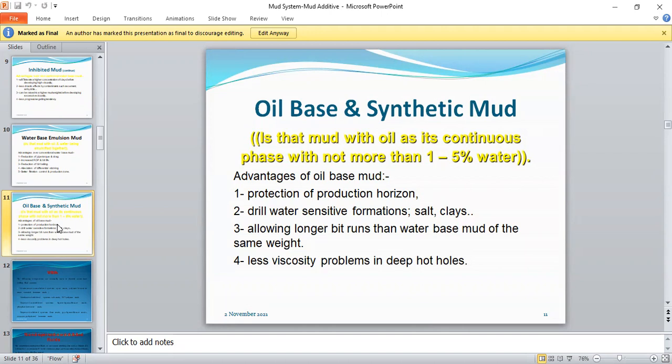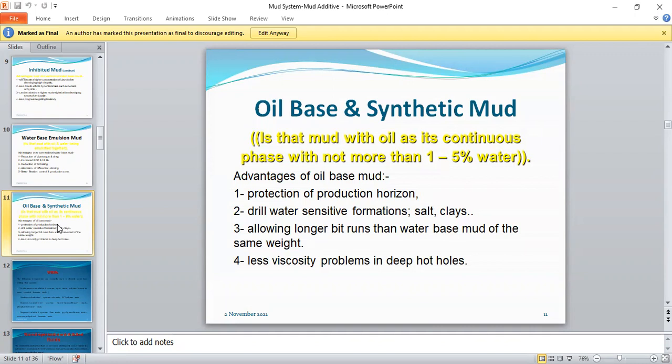Third, it allows longer bit runs than water-based mud of the same weight. Longer bit runs means you can use the bit for a longer time when you're using oil-based mud. Remember, oil gives you some lubricity. Oil is slick, it is what we use in lubricating things. So the abrasion from contact with the formation is reduced.